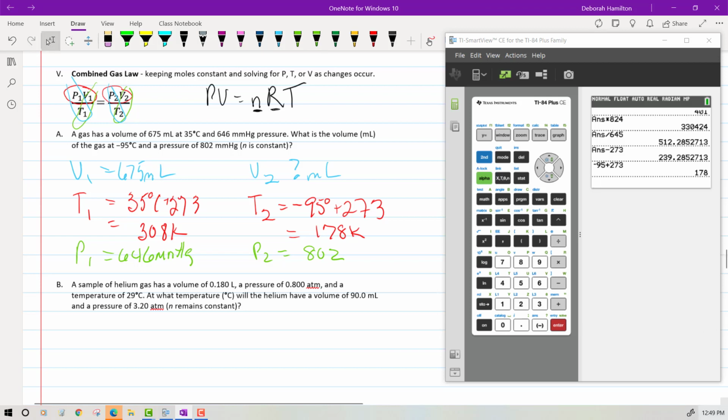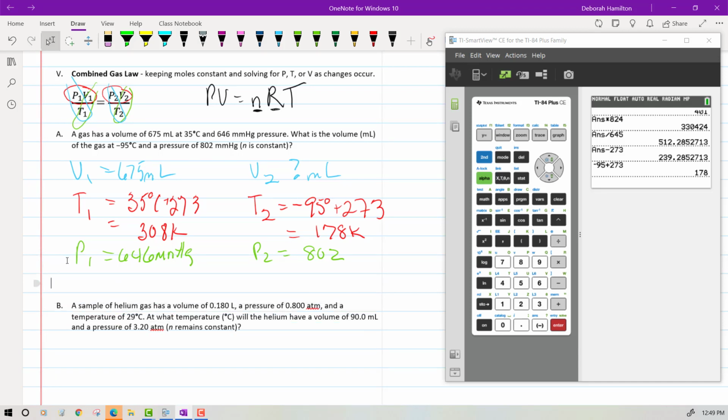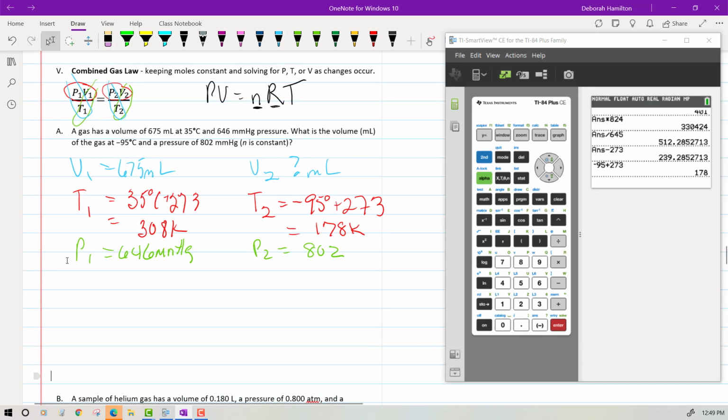All right, let's get a little more room on the screen here. Whoa, that's not what I want to do. See if I can come over here and do that. There we go. All right, so we are solving for V2 out of what we have up here. Let me erase some of this other stuff. All right, we're looking for the second volume.